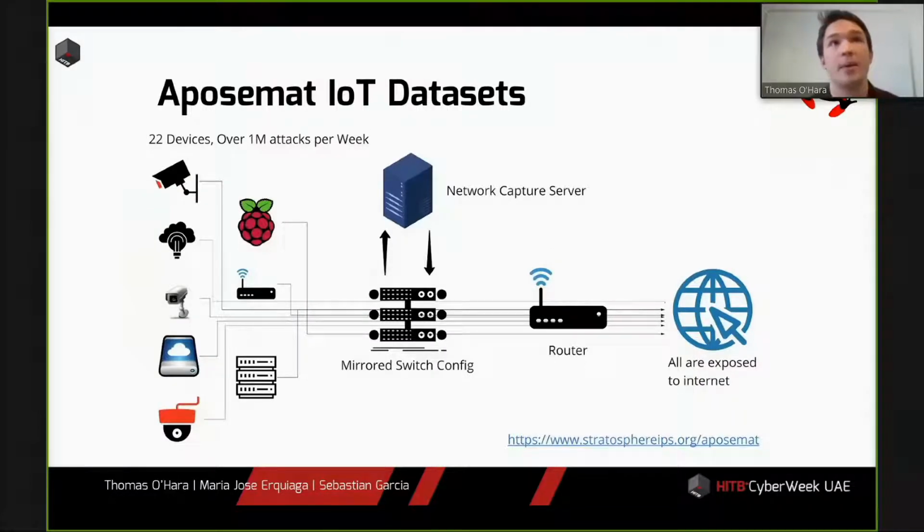So the data set that I just mentioned was generated in the Apostomet IoT lab. This lab is made up of 22 devices, including smart cameras, security cameras, Raspberry Pis, NAS storage devices, Echo Dots, and more IoT of similar nature. These devices are connected to a mirrored switch configuration, which mirrors all of the incoming and outgoing traffic to a network capture server, which then in its turn captures the traffic going to and from each device specifically.